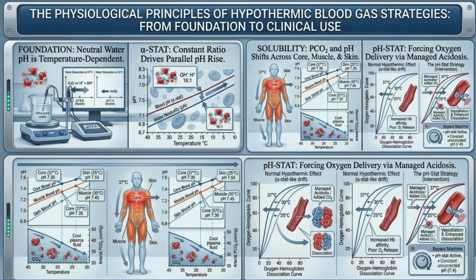It preserves intracellular charge balance, enzyme function, and cerebral autoregulation. pH-stat actively corrects blood gases by adding carbon dioxide. This increases cerebral blood flow and promotes oxygen unloading through a relative right shift of the oxygen dissociation curve.